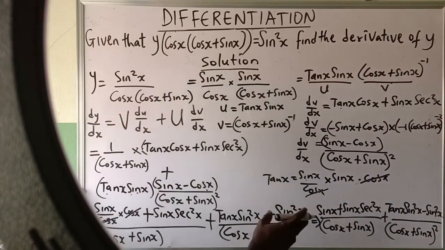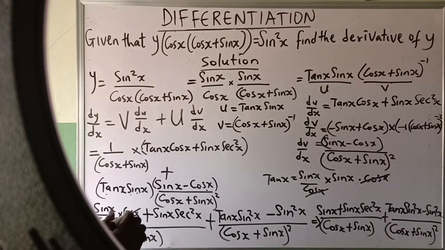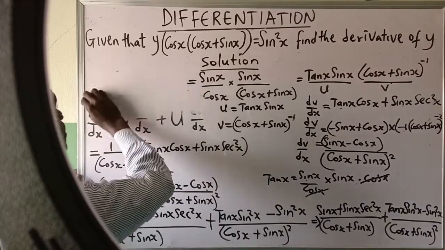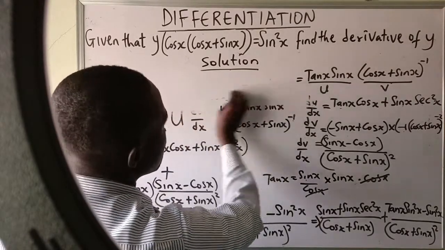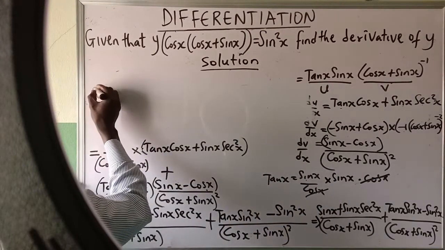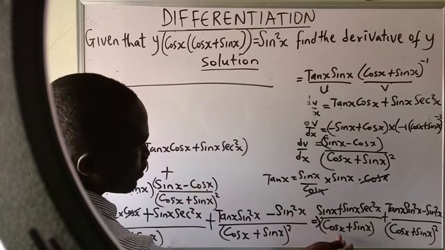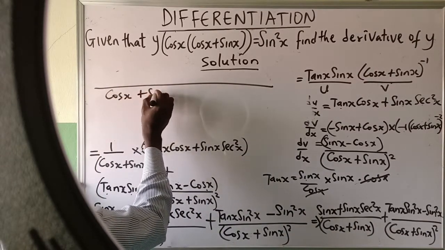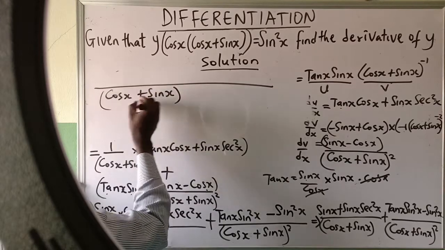Okay, so at this point, all you just need to do is to look for the LCM of the denominators. Looking for their LCM, you have it to be cos x plus sin x raised to the power of 2.